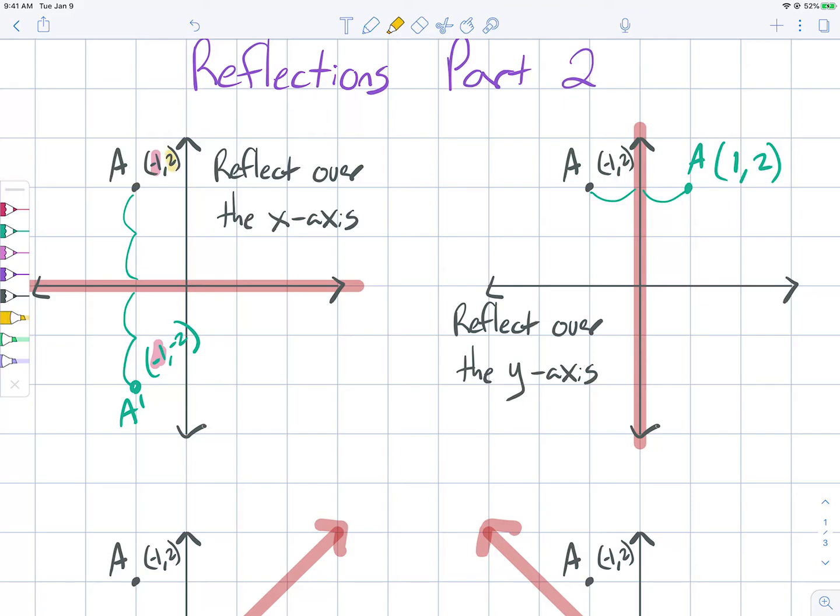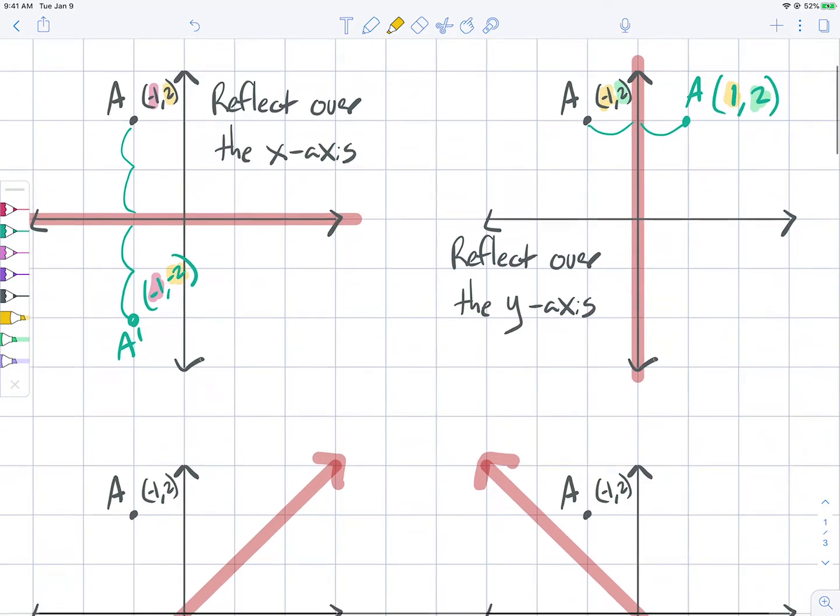However, the y-coordinate went from a +2 to a -2. On reflecting over the y-axis, the y-coordinate stayed the same, but the x-coordinate went from -1 to +1. So this will be a rule, and I'll show you that in just a little bit.